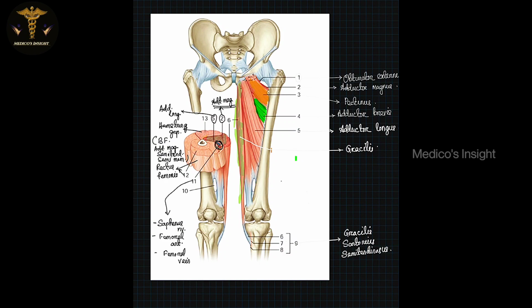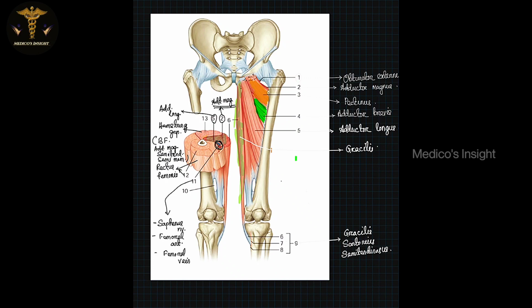The adductor magnus is present behind the pectineus muscle. If we cut the pectineus muscle, we can clearly see the adductor magnus. There is adductor brevis muscle and adductor longus. Brevis means short and longus means long, and there is gracilis, which arises from the ischial tuberosity and is attached to the upper part of the medial surface of tibia.